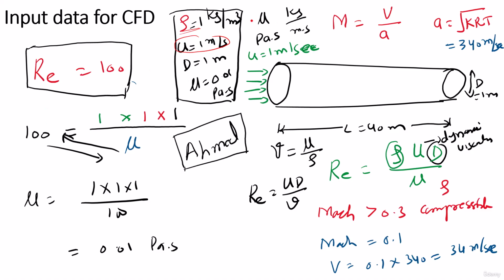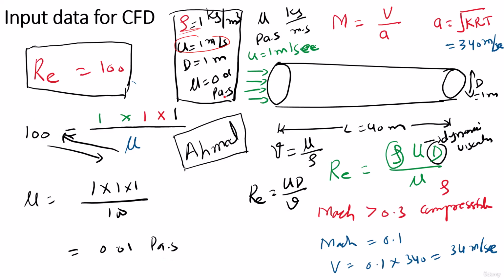So the only thing remaining is to find the value of the viscosity. Putting into the formula, Re is rho u d upon mu, so 1 times 1 times 1 over mu equals 100. So the viscosity becomes 0.01 Pascal second.